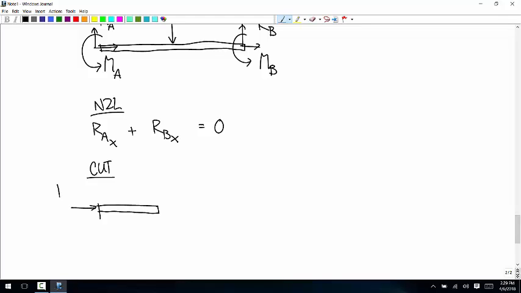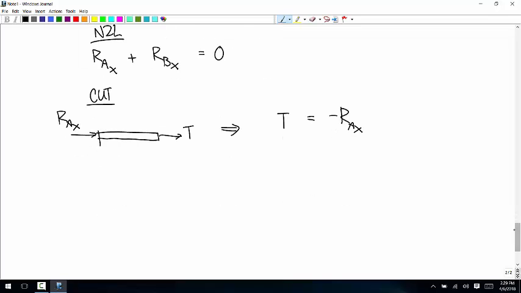You have RAX over here, tension over here, so tension is equal to negative RAX. The elongation is equal to EL over EA, so that's negative RAX times 4 over EA, and that has to be equal to 0.